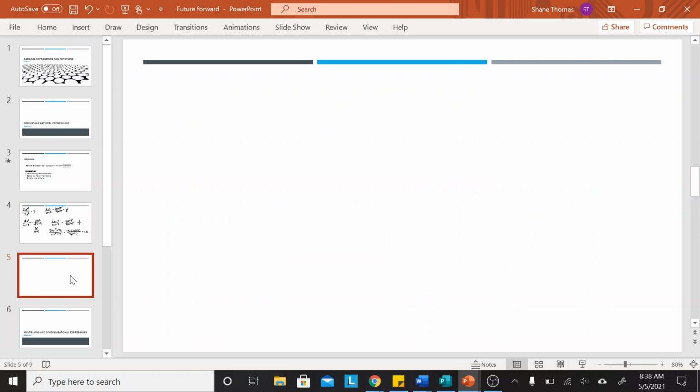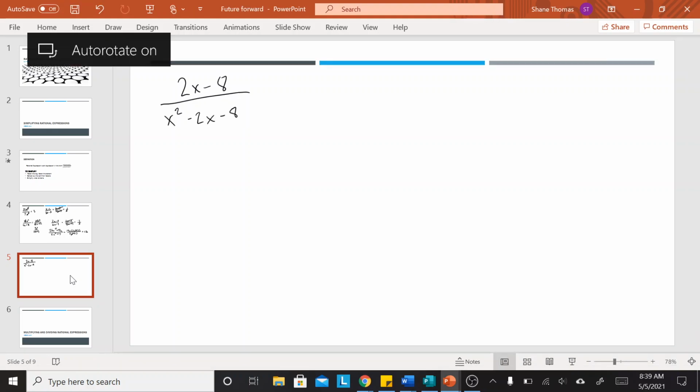What happens now if I have a trinomial? Let's go 2x minus 8 over x squared minus 2x minus 8. Okay, this takes us back to factoring on the bottom, doesn't it?